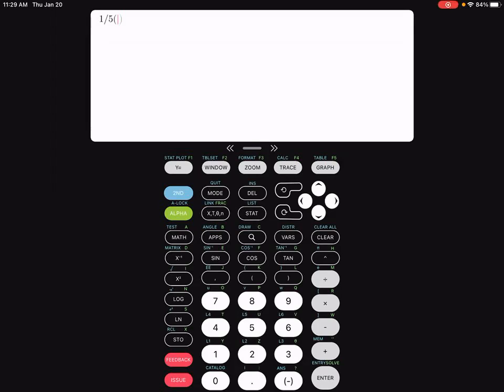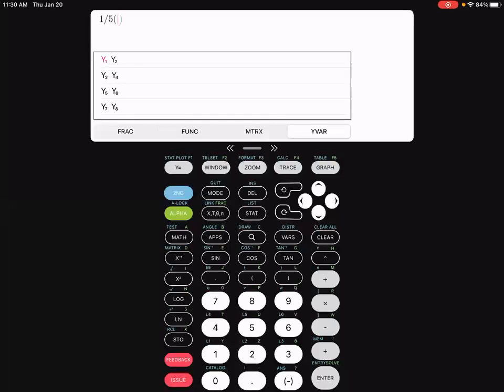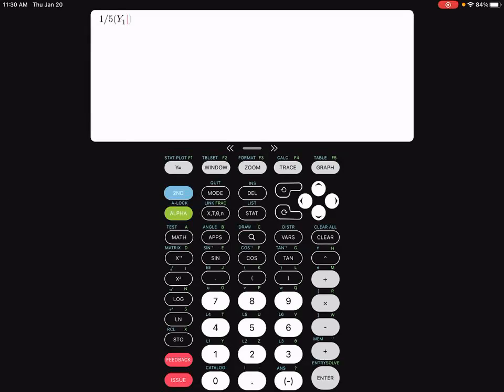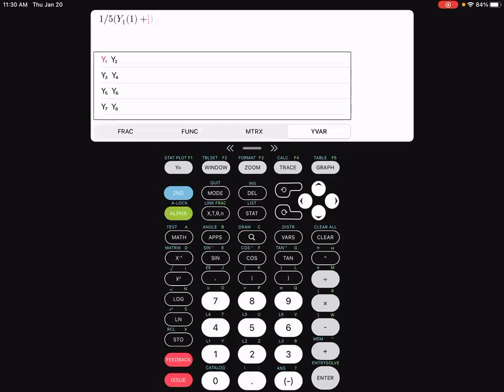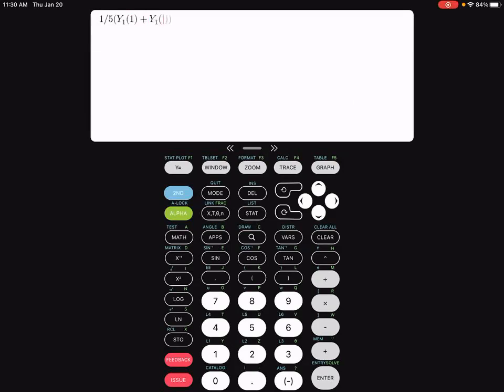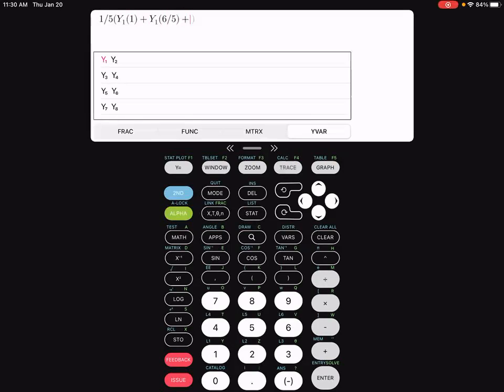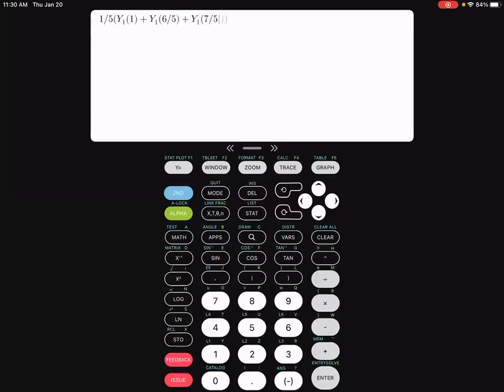So do you see the trace button and there's this F4? Hit alpha, F4. And y1 of 1 plus y1 of 6/5 plus y1 of 7/5.